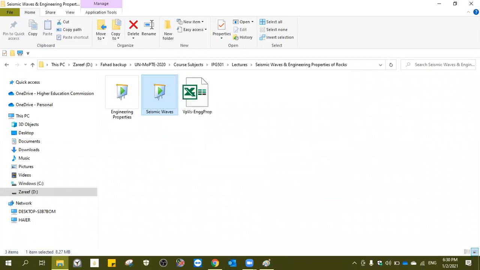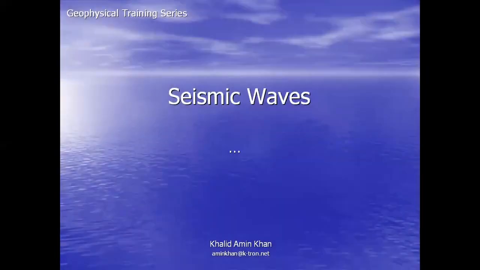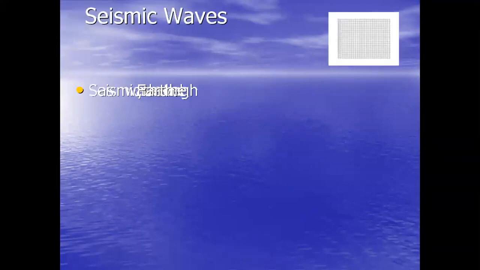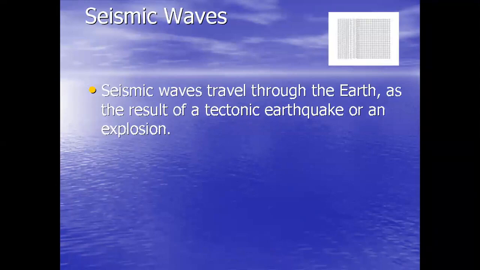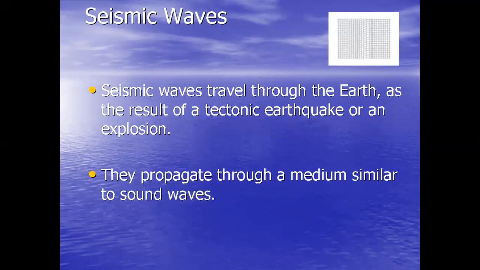It is basically a normal theory that you learned in the ninth or 10th standard, about what seismic waves are. Seismic waves basically travel through the earth. That's why we can extract different types of information, collect this information, process this information, and at the end interpret our data set.